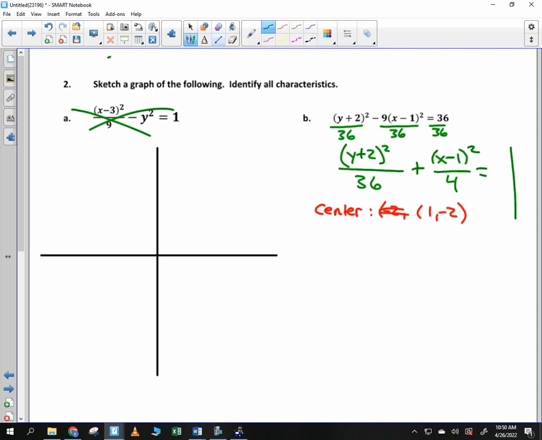So now, as I try to make my ghost box, I want to look here. How many units am I going to stretch in the y direction? So if I got to stretch 6 from 2, that means I got to go at least 8 by 8, right? So I'm actually going to make a 12 by 12 graph. I'm going to go by 2s here. So 2, 4, 6, 8, 10, 12.